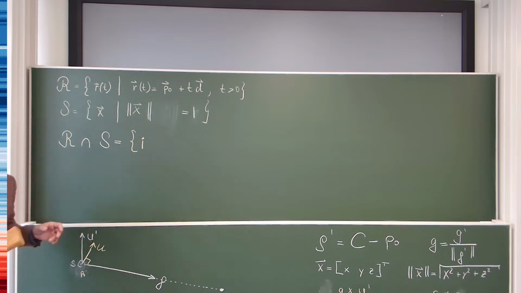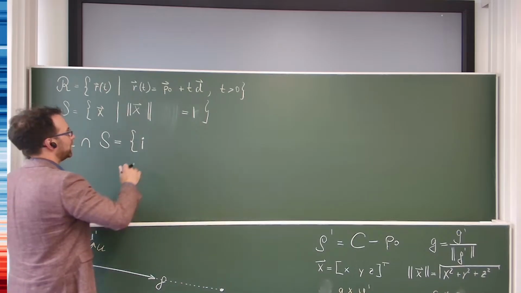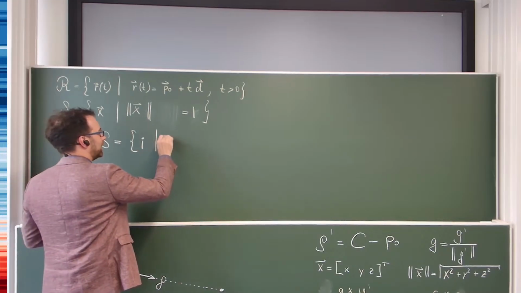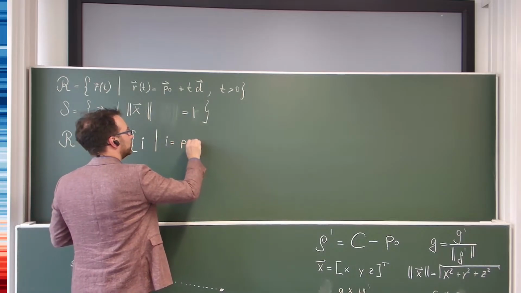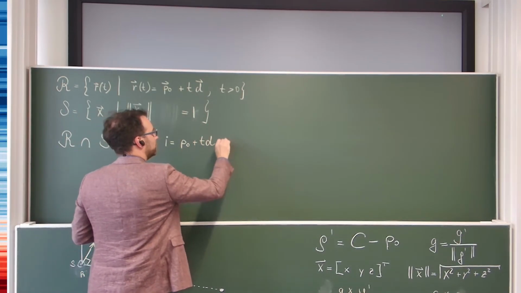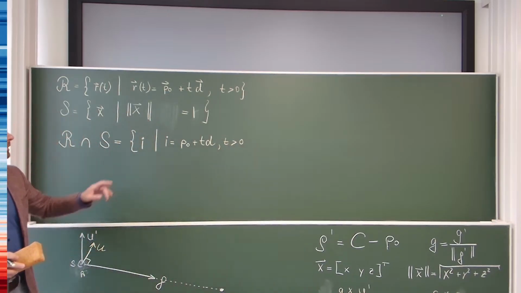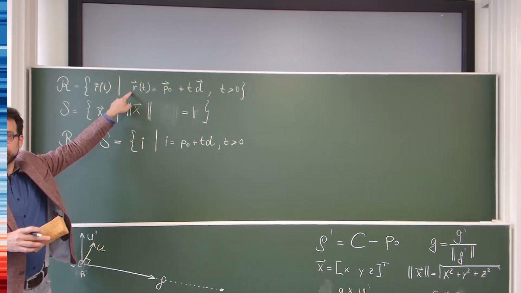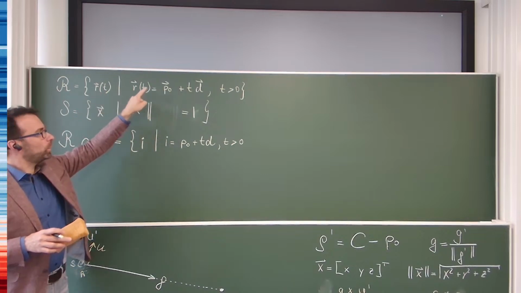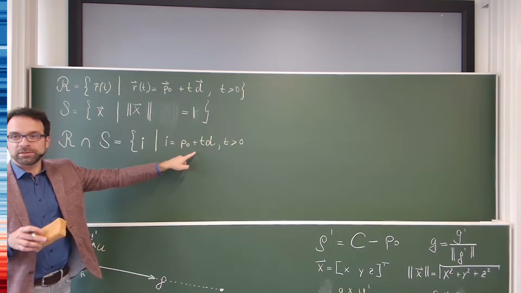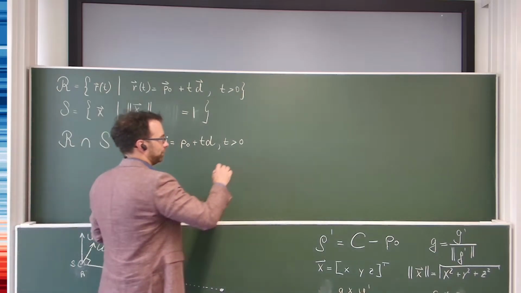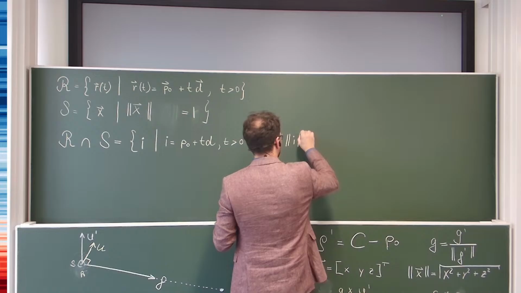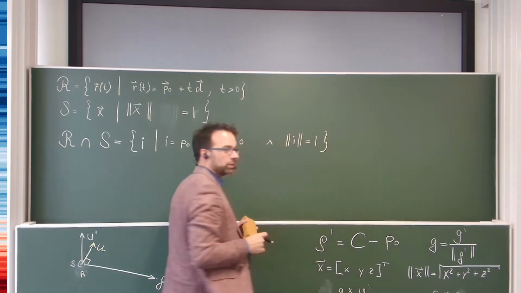Intersections I, for which I equals P0 plus TD for T larger than 0, because in the intersection, this I has to be in this set, and this is the set of points for which the point equals this part, and for which the second equation also holds.